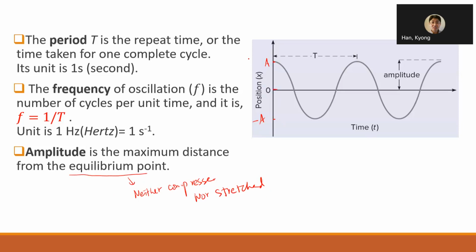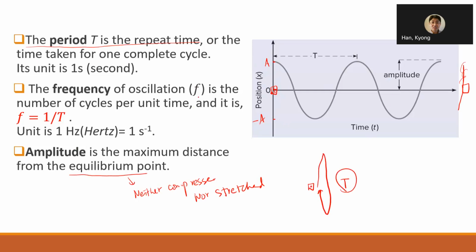Here is the equilibrium. The object is moving up and down, oscillating between here and here. Also there is the period. T is the repeat time, the time taken for one complete cycle. The path up and down and coming back is one period of time.